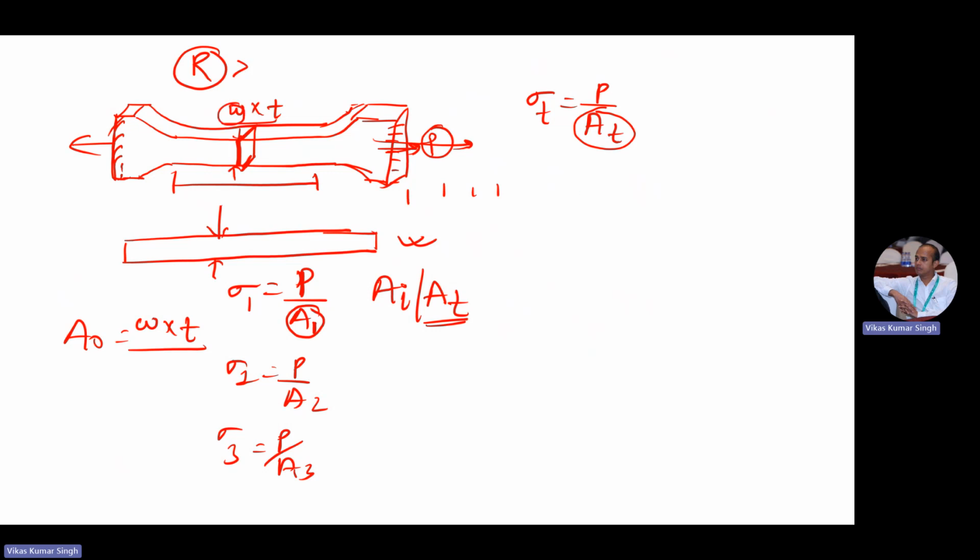So this term is decreasing with the experiment, and since it is in the denominator, true stress will increase continuously. So initially we were writing this, and this one was like this.